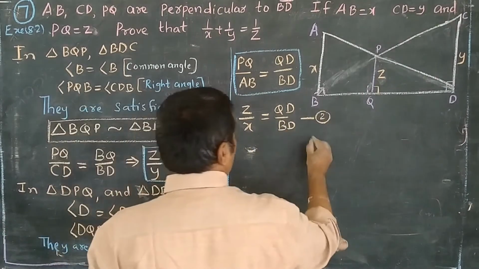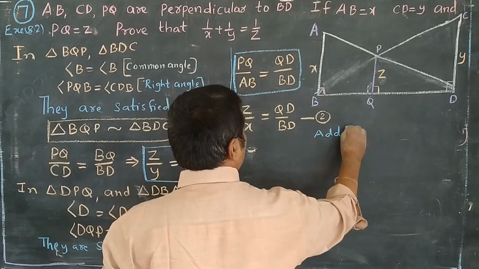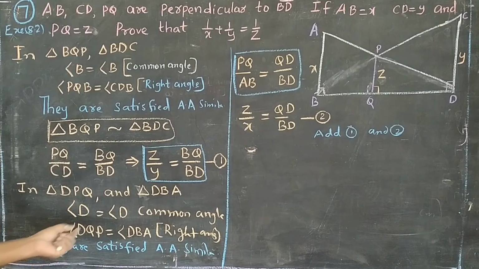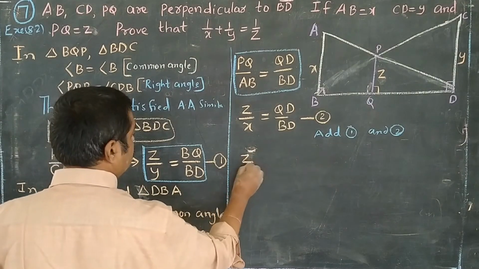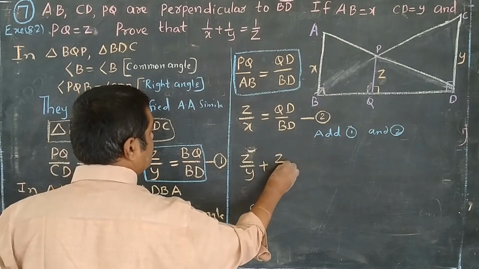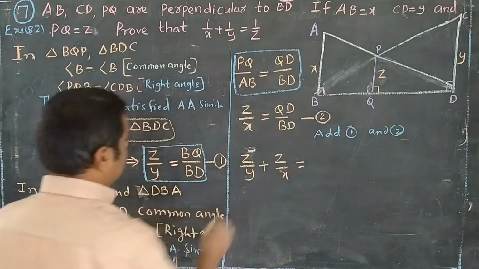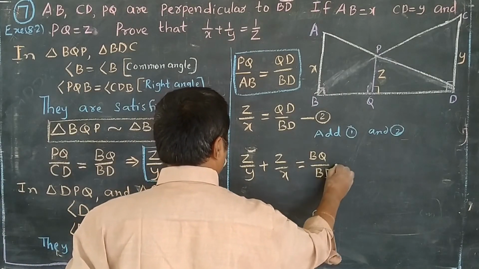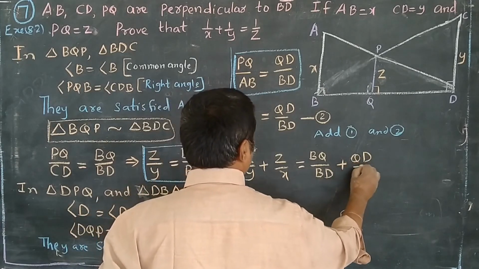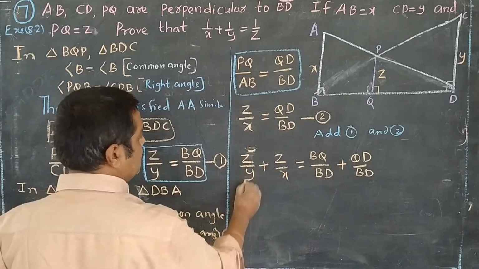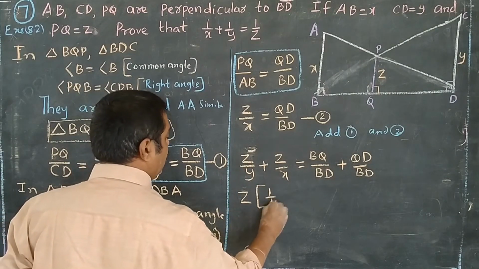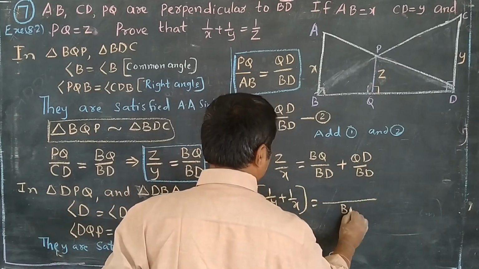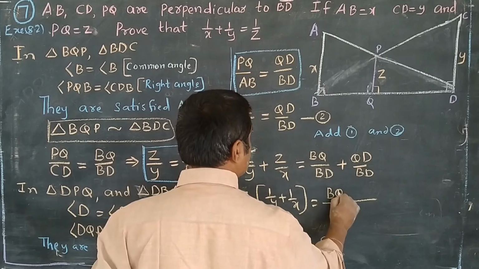Now add first and second. Your first equation is Z by Y and your second equation is Z by X, that equals BQ by BD plus QD by BD. So here Z is common: Z of 1 by Y plus 1 by X. Here BD is the common denominator, so we get BQ plus QD.